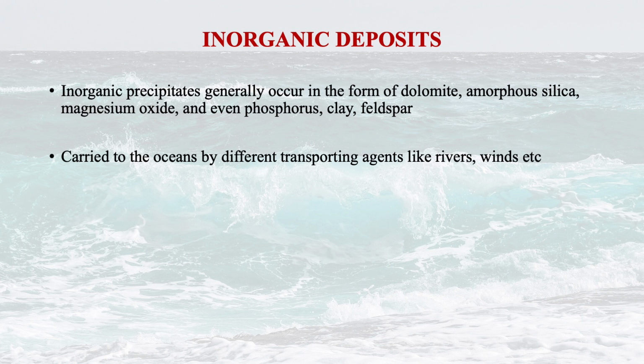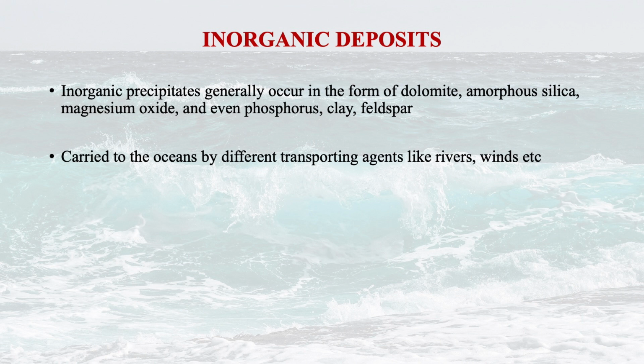So these various agents of erosion bring these inorganic deposits from the continental areas and deposit them in the oceanic area. So these are carried by transporting agents like rivers, winds, etc.